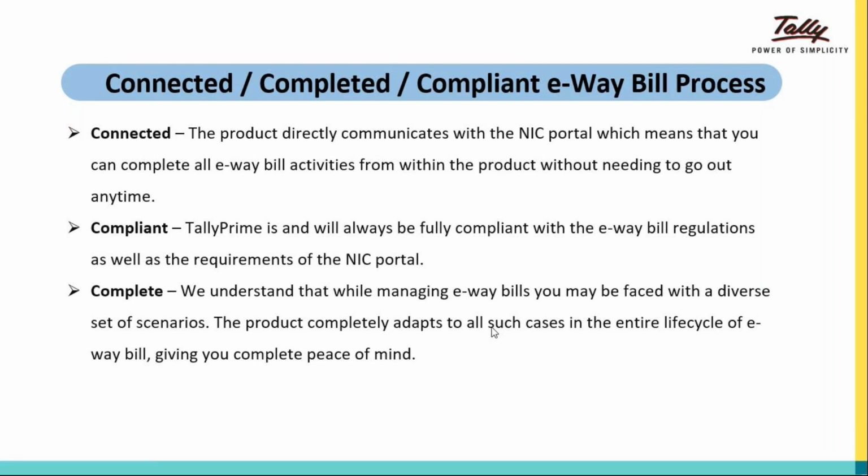Later, when the transport agency gives you all their details like vehicle number and GST number, you can update your e-way bill by providing the Part B details as well. That can be done very easily using the software, that is Tally. So that is what we mean by the third point here. Did you understand? Any more doubts?